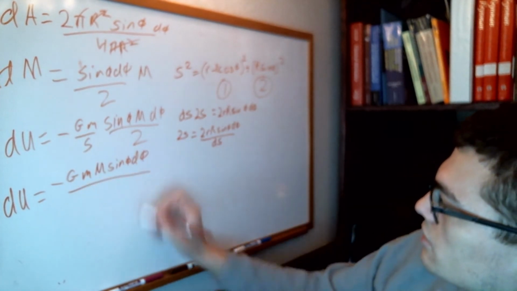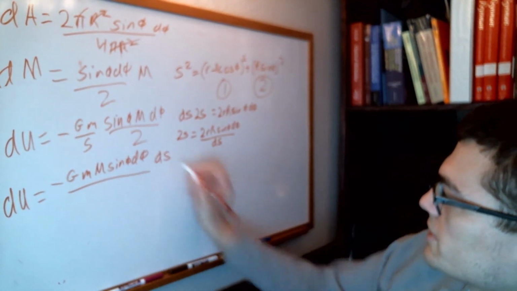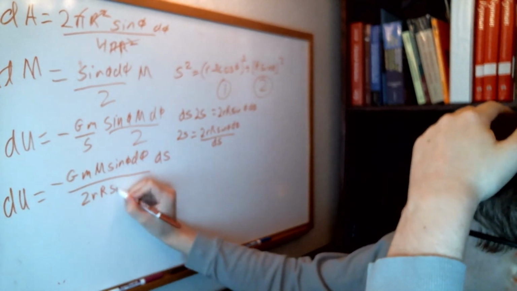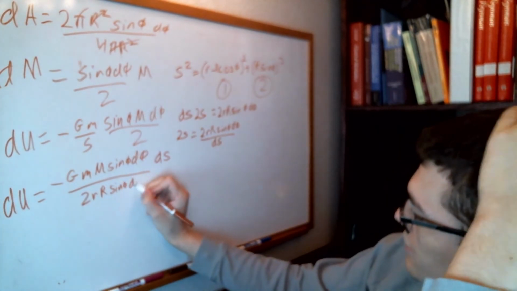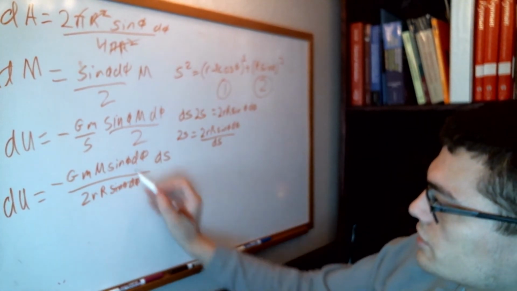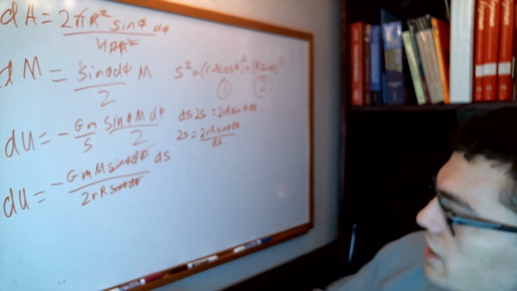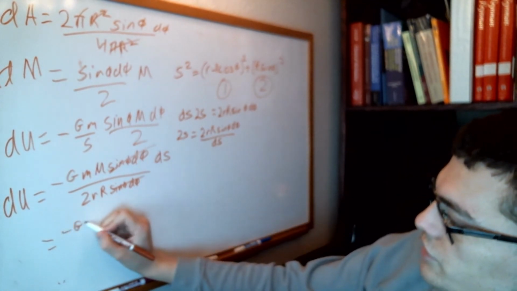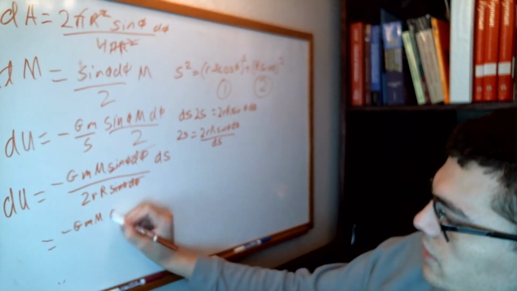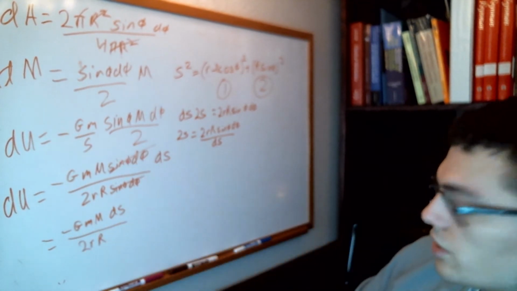And so then we have to take the inverse of this. So then we're going to get a ds up here, and then underneath we'll get a 2rR sine phi d phi down here. So our sine phi's cancel, and now we're going to get negative GMm ds over 2rR.